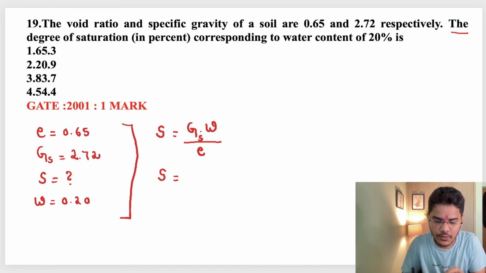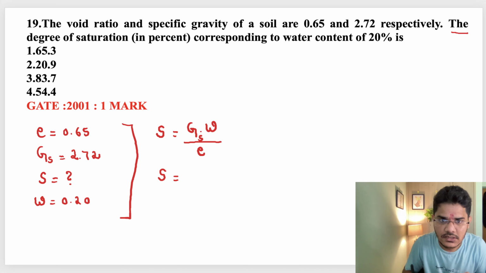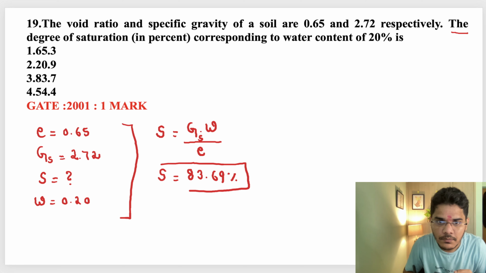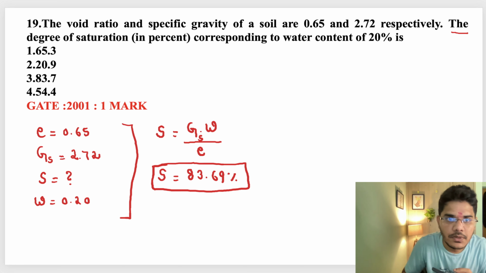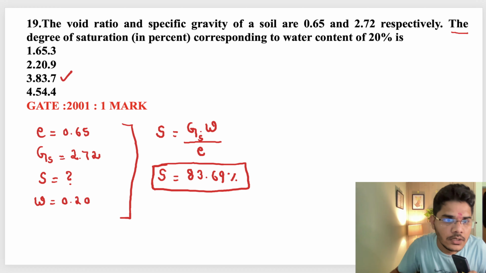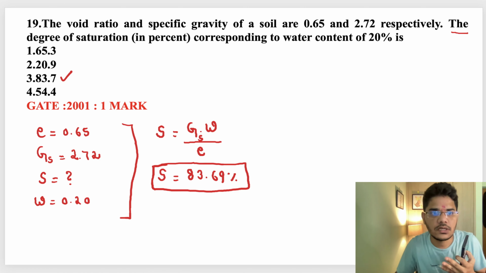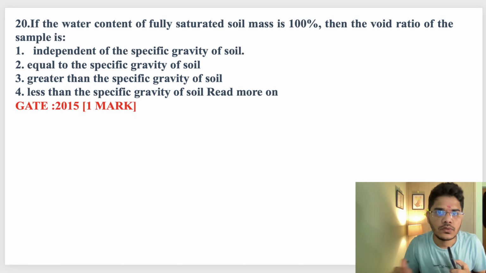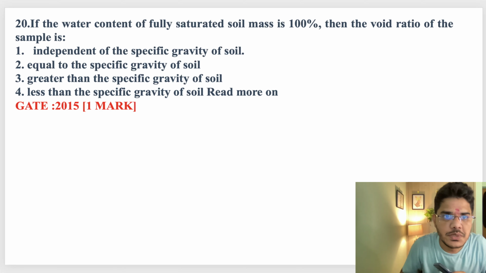So it is 83.69%, that means 83.7. Okay, correct. So this is actually a very easy question. Now we'll see one more previous year GATE question.